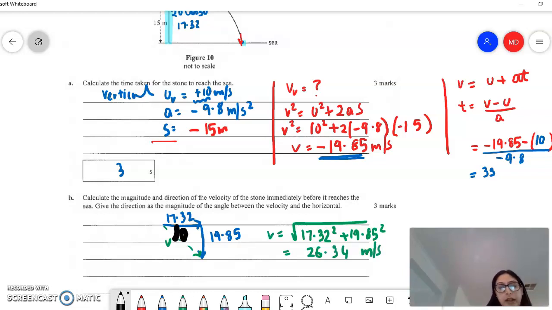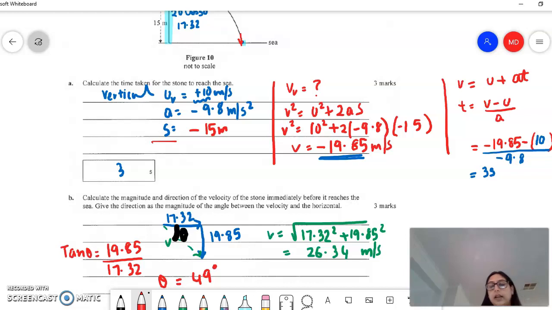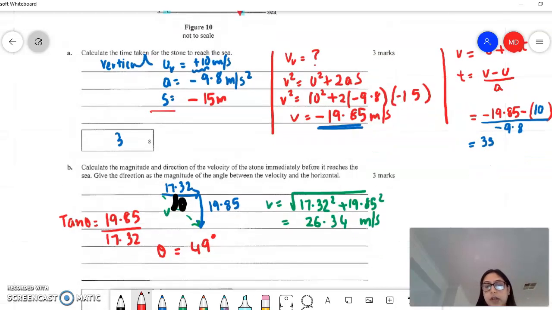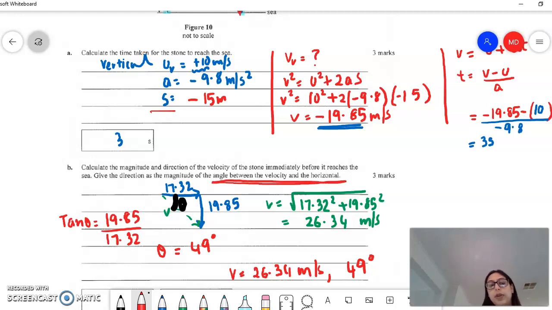You also need to find the angle: tan of this angle is equal to 19.85 over 17.32, so theta will be tan inverse of that, which comes out to be 49 degrees. So the velocity is 26.34 meters per second, and theta is 49 degrees. We don't have to specify it's below the horizontal because the question has already asked to find the angle between the velocity and the horizontal, which is theta.